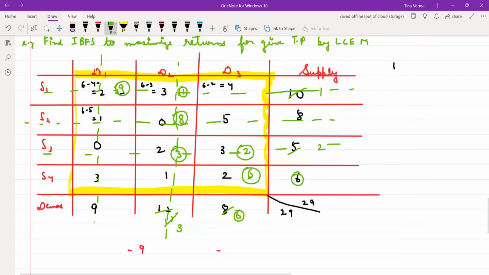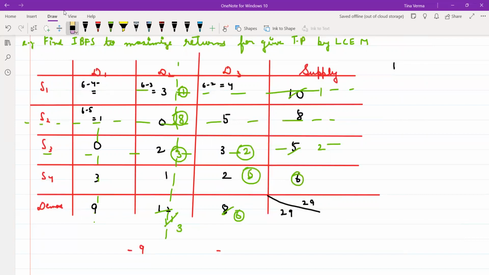And this is the problem when we have converted the maximization to the minimization one. Only then you can apply any method to find the solution. Start doing this.